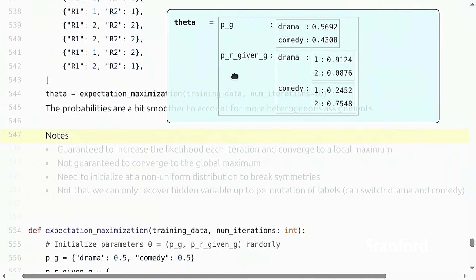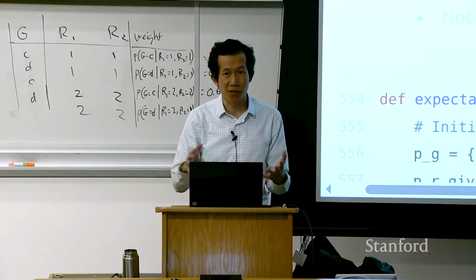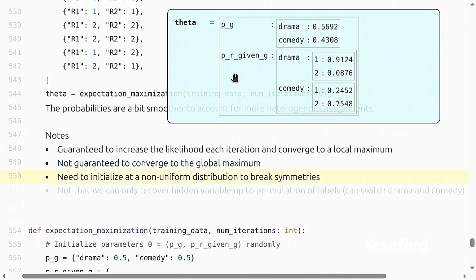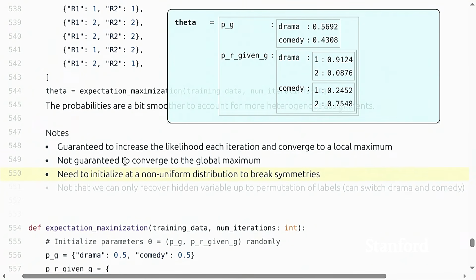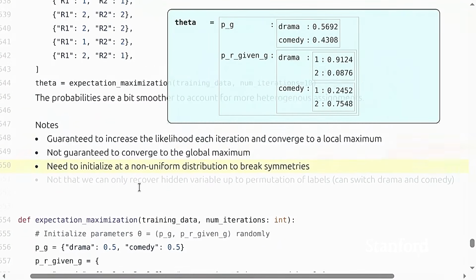Some notes about EM is that we're guaranteed to increase the likelihood each iteration and converge to a local maximum. This is not a global maximum. So EM can get stuck in local optima. And you need to initialize with non-uniform distributions to break symmetries. That's why I put 0.4 and 0.6 instead of 0.5 and 0.5.